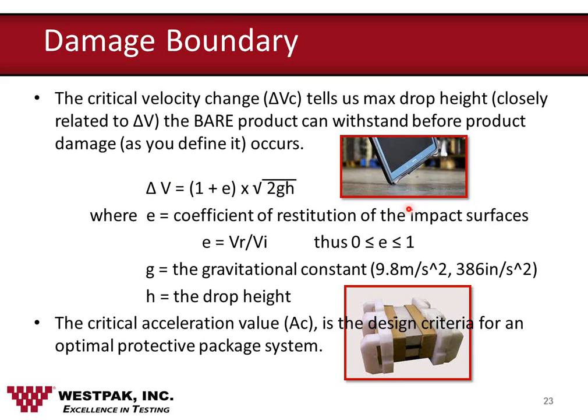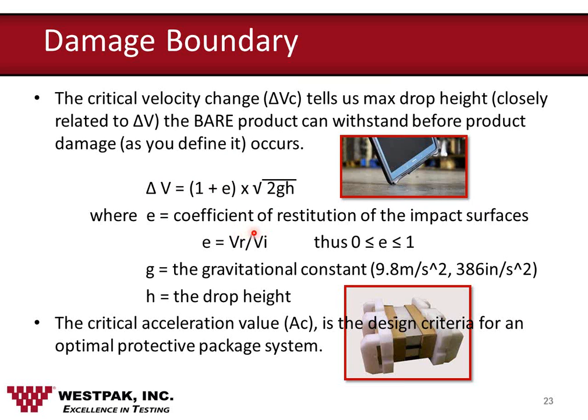Coefficient of restitution measures the amount of energy that is either dissipated by the impact surface or absorbed by it and then given back to the product. So it's equal to the velocity of the response of the product to the velocity of the input. You can actually measure those as well if needed.